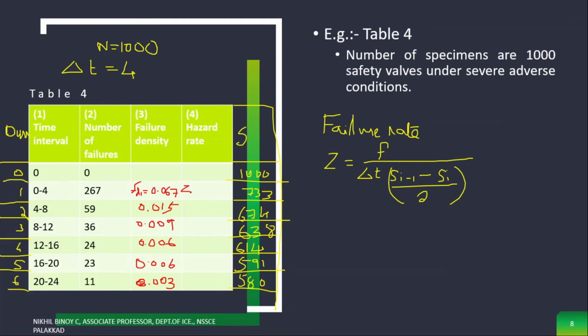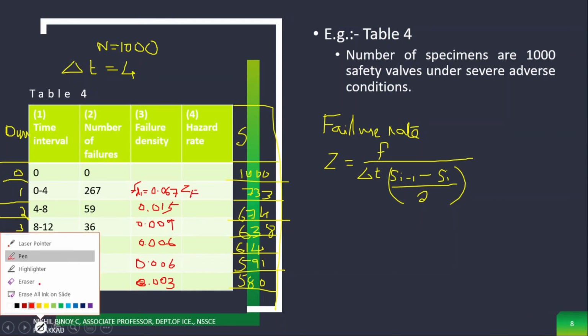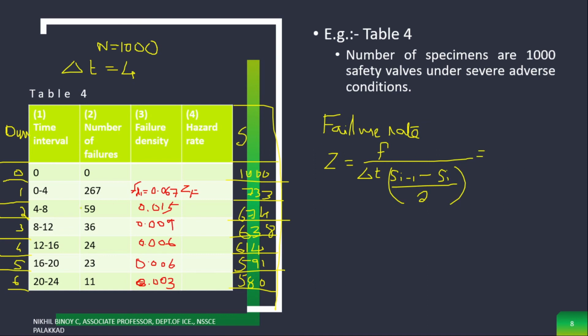Z1 is equal to 267, the number of failures during the first duration, divided by delta T, the length of duration, which is 4, into the number of survival before the first duration, that is 1000 (after the 0th duration), plus the number of survival after the first duration, which is 733, divided by 2. So what is the value?